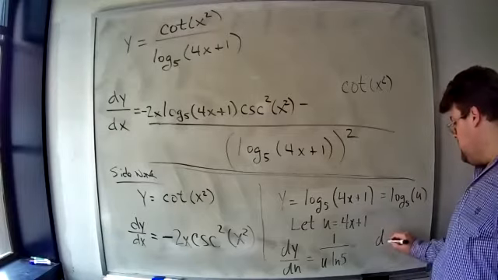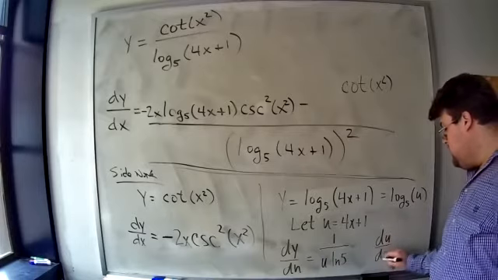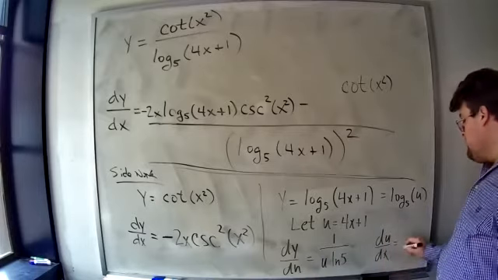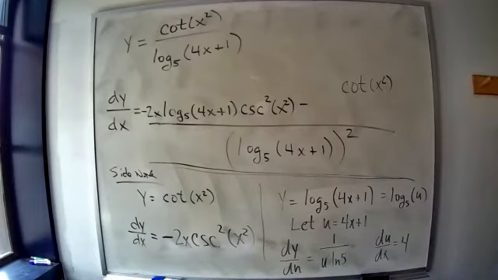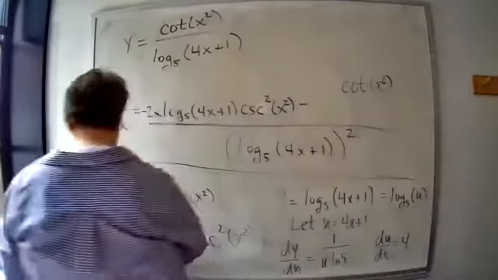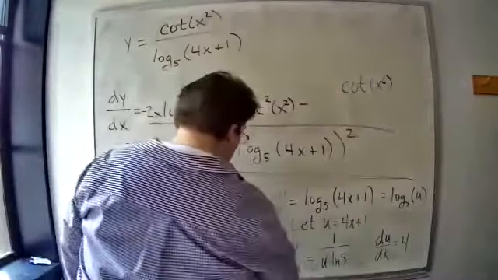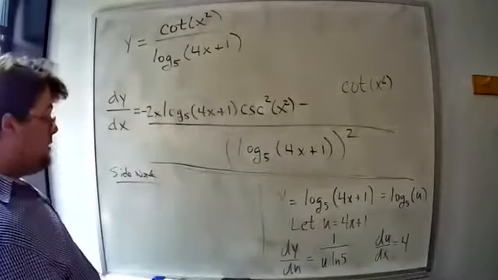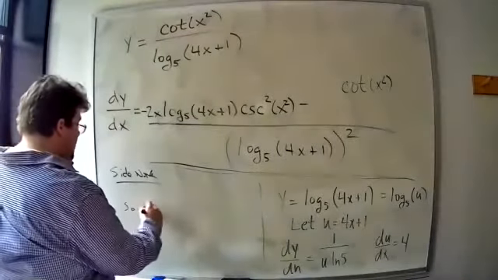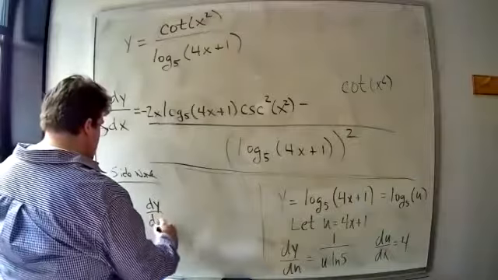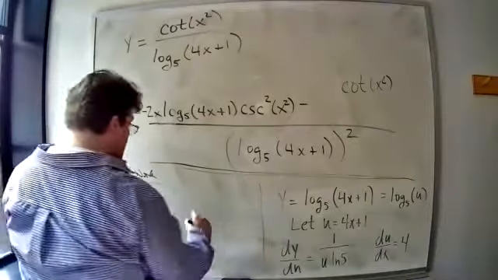What's du dx? Well, we have 4x plus 1. Derivative of 4x is 4. Derivative of 1 is 0. So we get 4 is du dx. So what's dy dx? I'll write it over here. Those two multiplied. So what do we get?